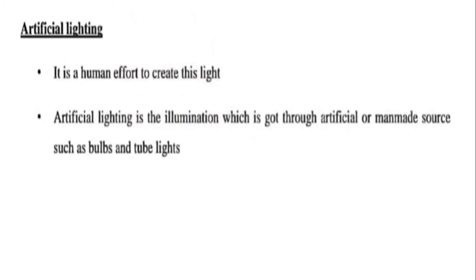Let us move to artificial light. It is a human effort to create this light. Already we know artificial lighting is the illumination which is got through an artificial or man-made source, such as bulbs, tubes, and any other tube lights, right? So here we have some merits also. Uniformity is there.